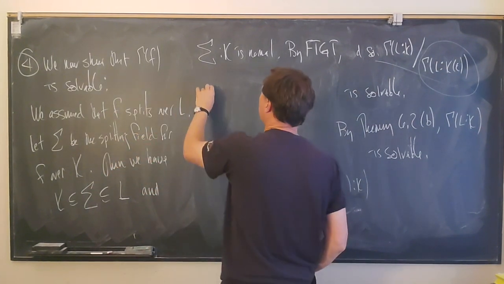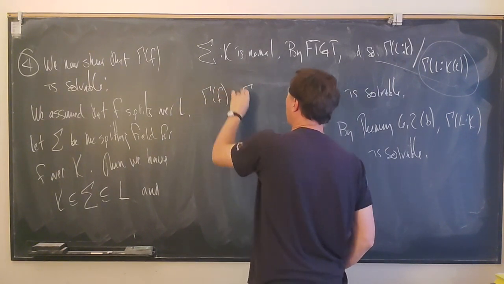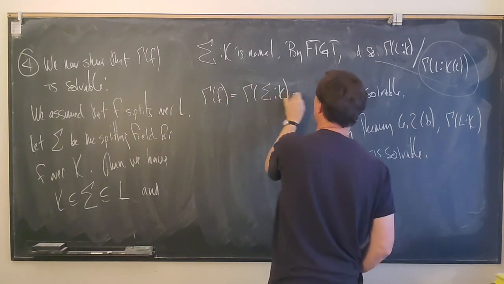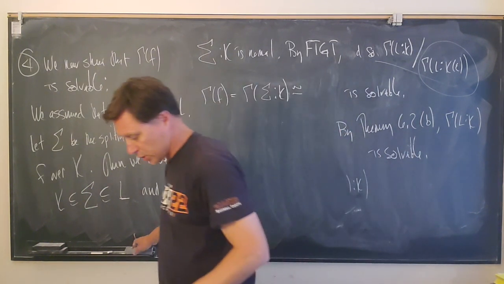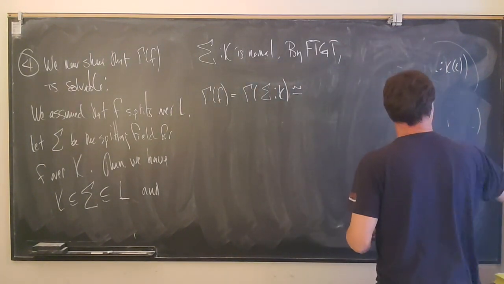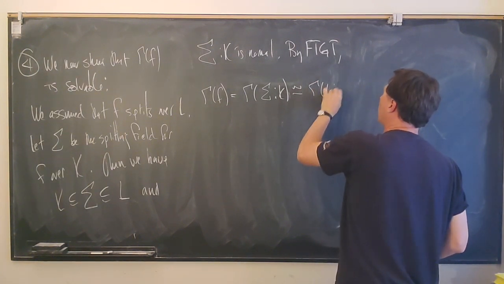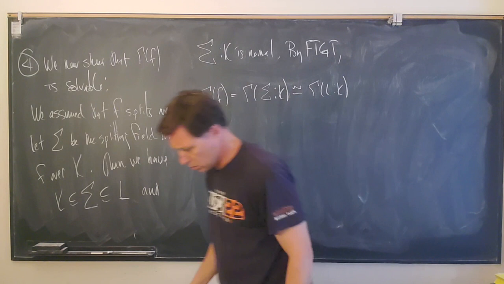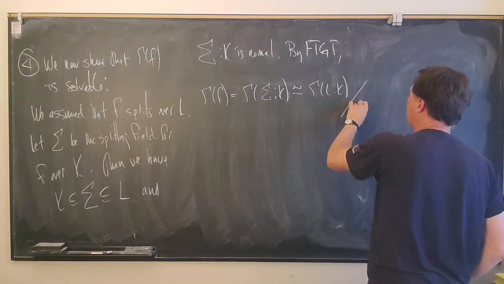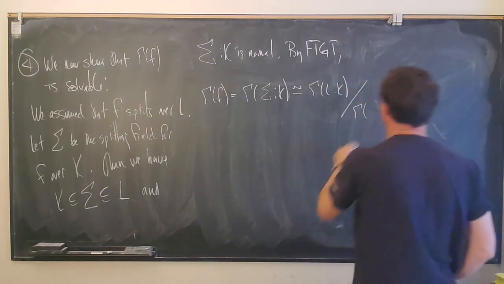So gamma of f, which equals gamma of sigma over k just by definition, is going to be isomorphic to the quotient gamma of L over K mod gamma of L over sigma.